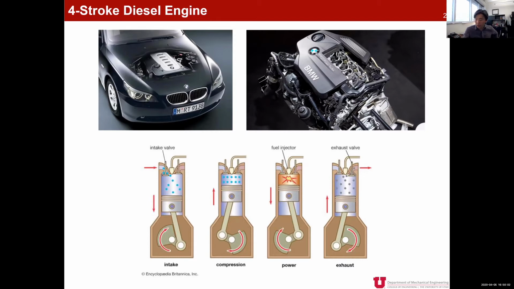One example is the BMW car, and BMW is quite an active manufacturer of diesel engine cars. They have a pretty good diesel engine, as you see on the right-hand side, and they are so proud of this engine. And then what is different between the diesel engine and the gasoline engine?